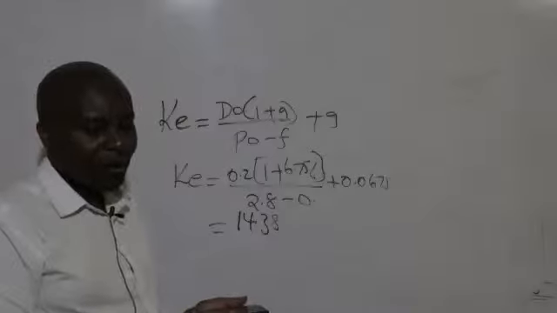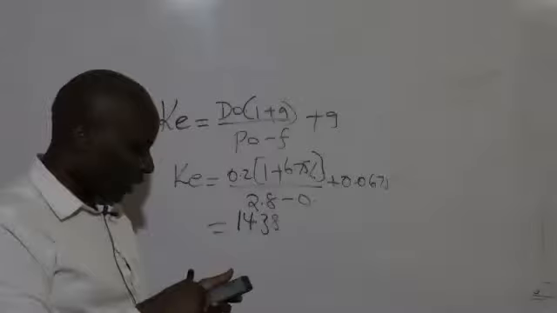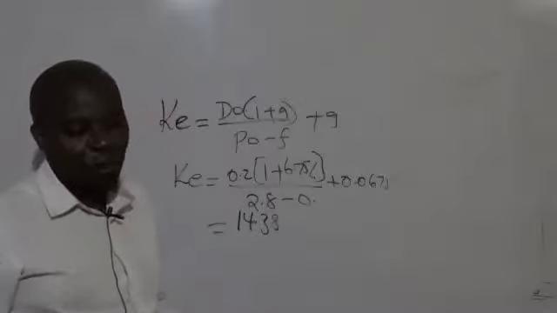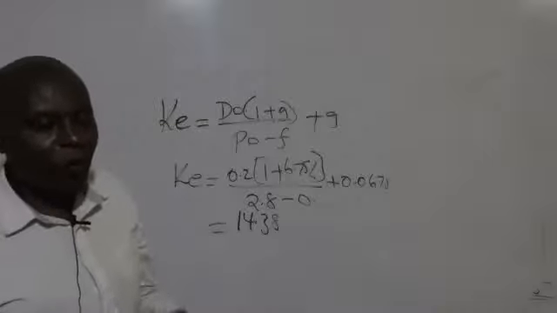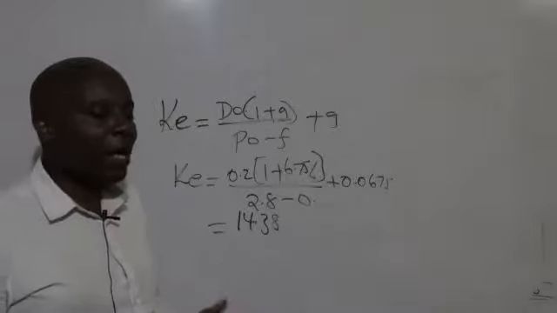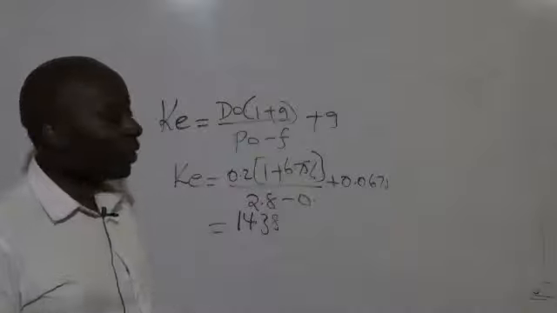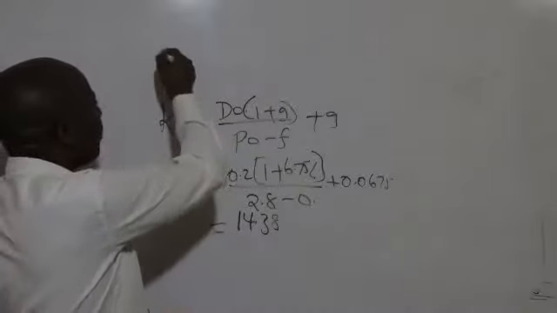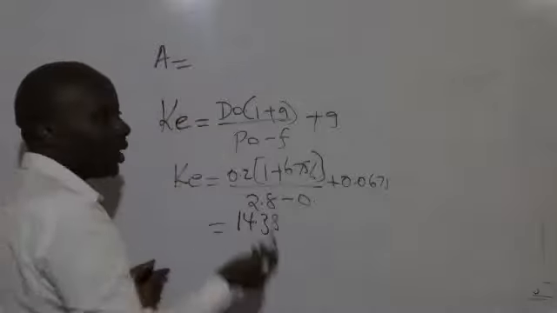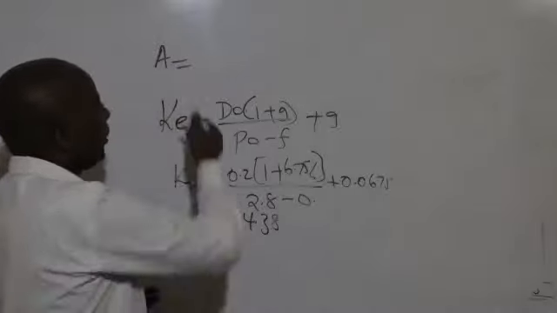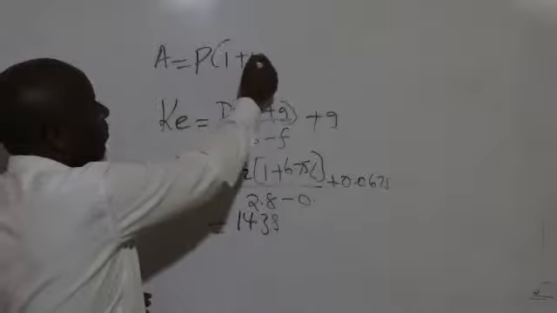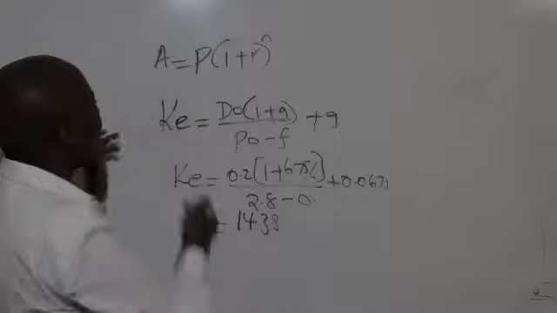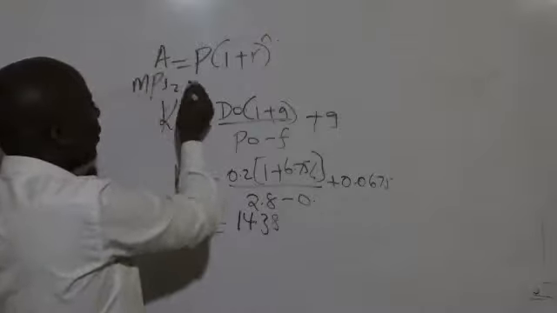Thank you. Now from there, lastly, they want us to give them the market value per share in 2 years' time. Remember, this is just synonymous to using the compounding formula, where amount will be equal to principal into 1 plus r raised to power n, where this amount will be MPS at the end of year 2.